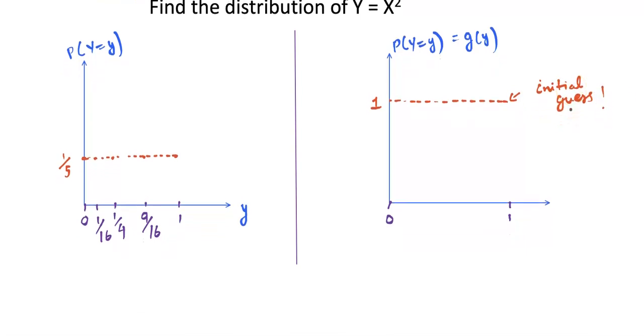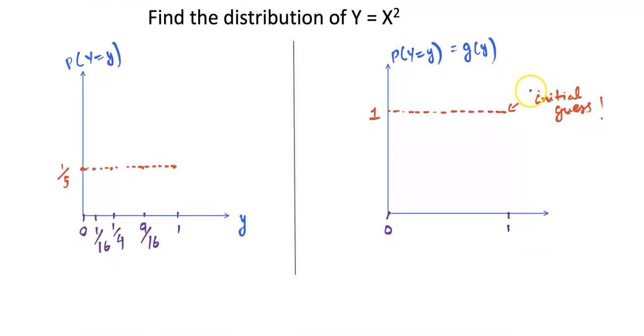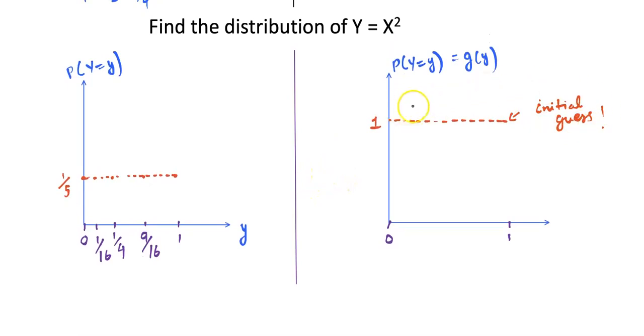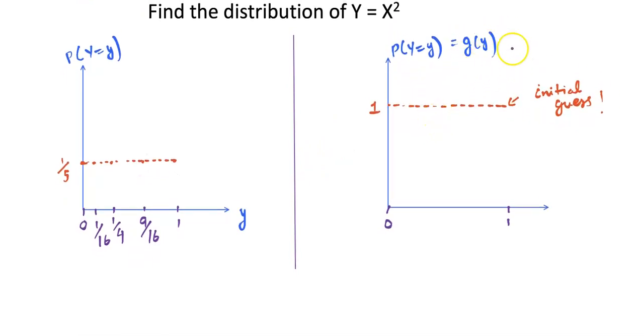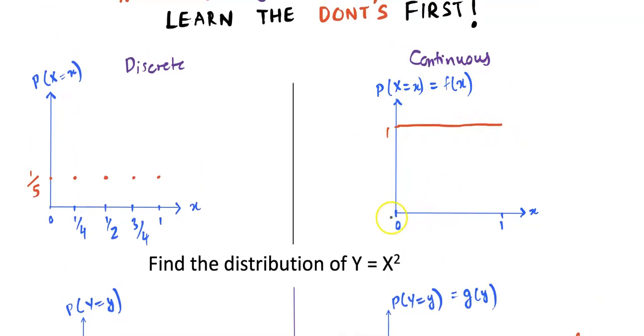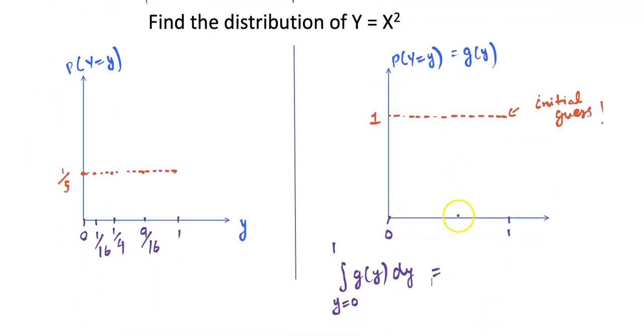But let's actually work through the problem to see if this is indeed the probability density. So this is our initial guess, but let's do it the more formal way to find out the distribution of y. We know that the integral of the distribution over the range of values y can take, so over the range of 0 to 1, has to equal the integral of the original probability distribution over the values that x could take initially.